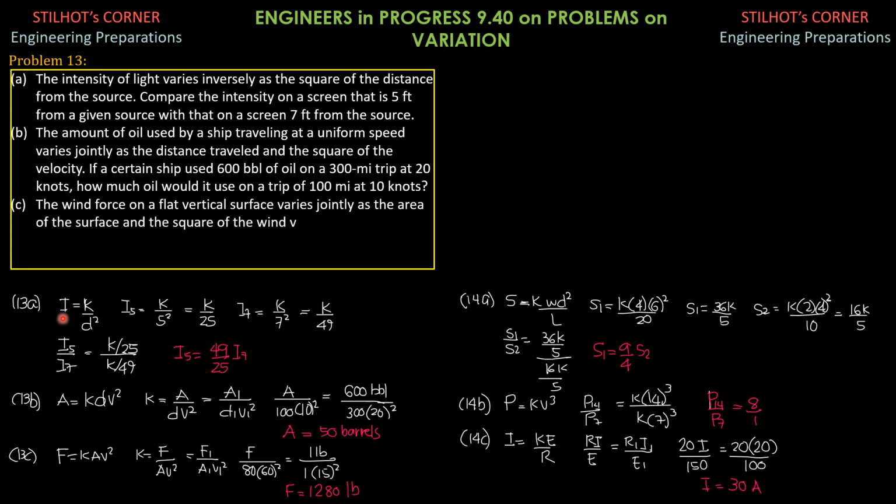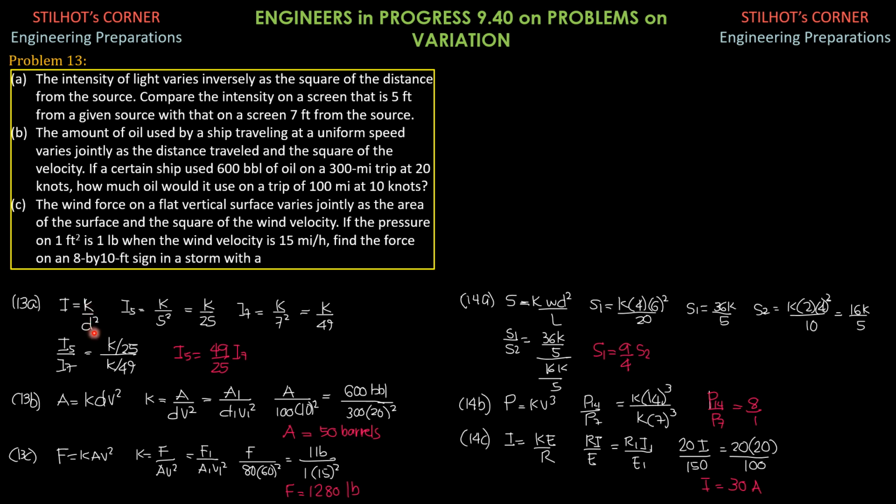So for 13A, the intensity I varies inversely, with a constant of proportionality k, as the square of the distance to the source, or k over distance squared. So I5 is equal to k over, and we compare the intensity on a screen that is 5 feet from the given source with that on a screen 7 feet from the source.